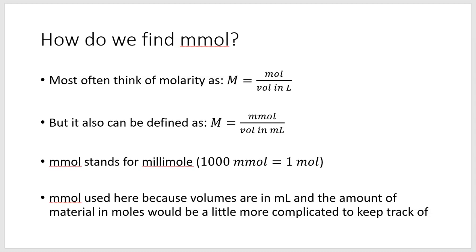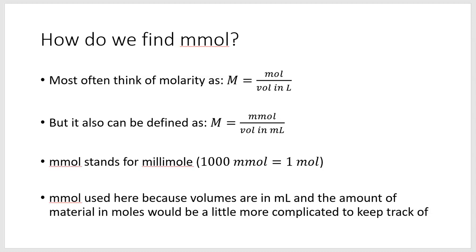So they're the same value, but if you take the molarity and multiply by the volume in liters, your answer will be in moles. While if you take the molarity and multiply it by a volume in milliliters, the answer will be millimoles.